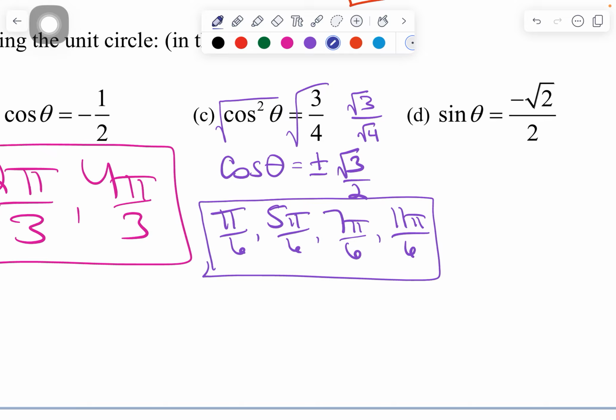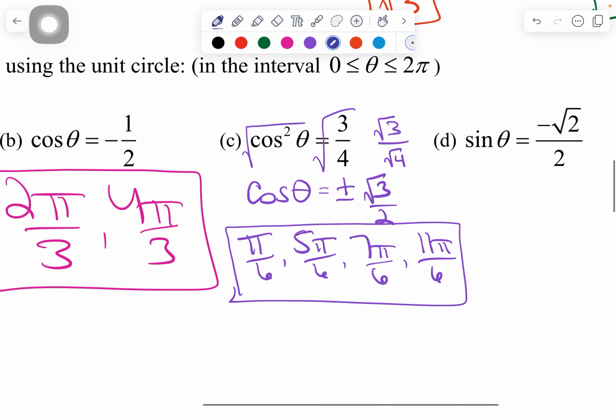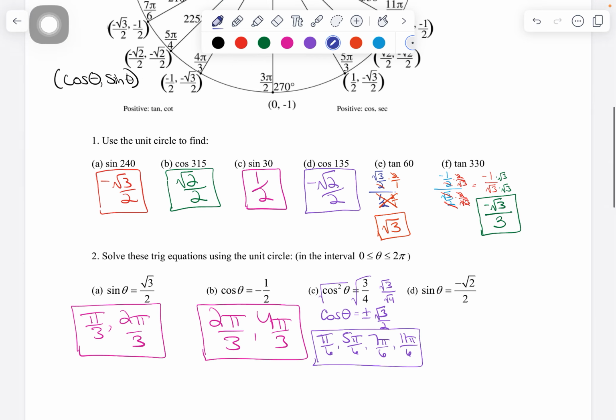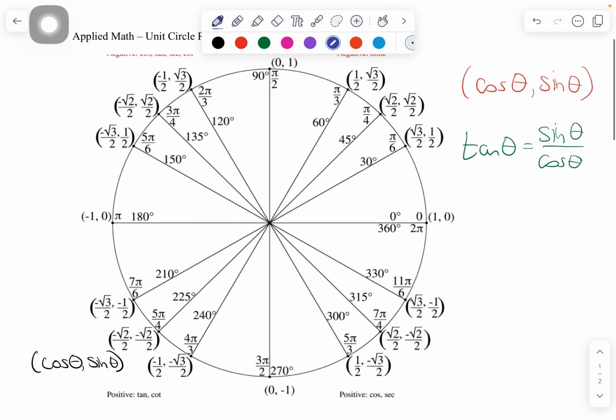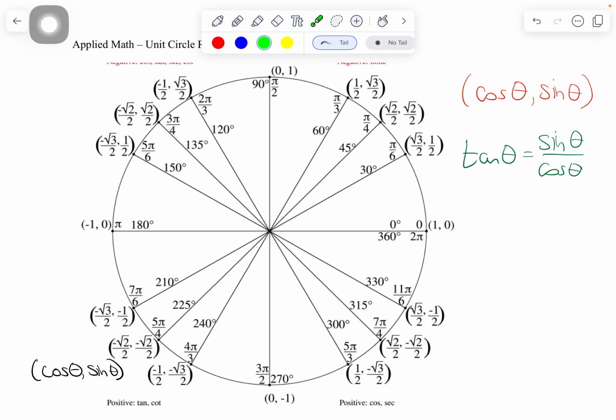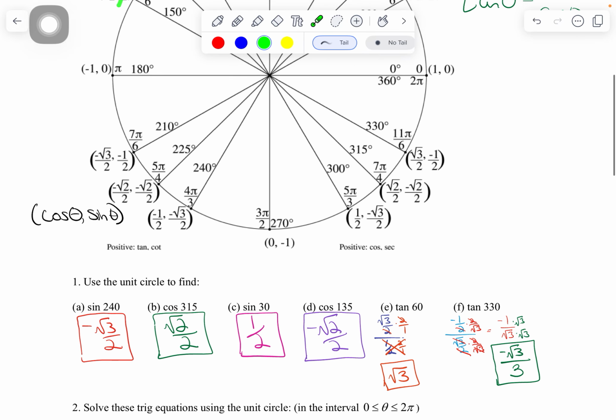All right, last one. We've got the sine of theta is equal to a negative root 2 over 2. So let's go search the unit circle for any y values that are negative root 2 over 2 for sine. All of these y values up here are positive, so we're going to be looking down at the bottom part here. All right, here is a negative root 2 over 2 for sine.